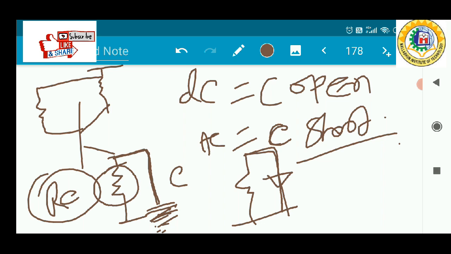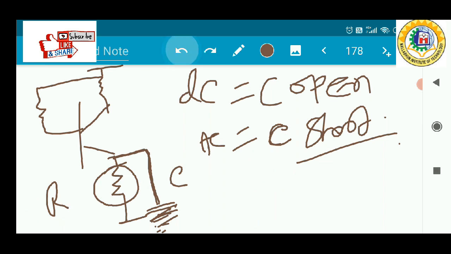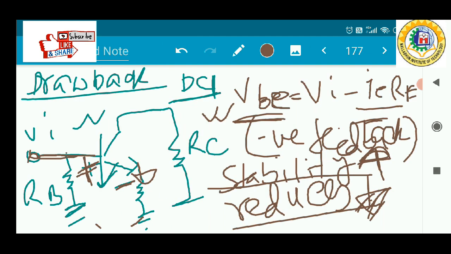So just by connecting a capacitance across here, we have eliminated the problem that was arising.